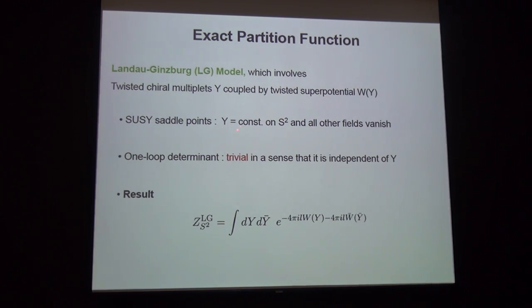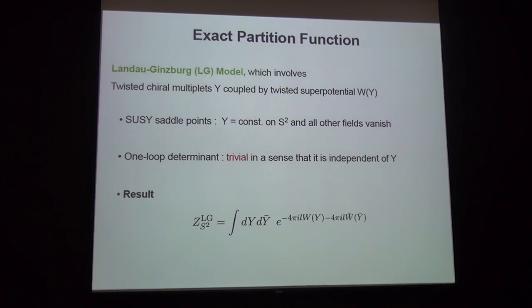The complex scalar field Y in this twisted chiral multiplet can have some arbitrary constant value on the two-sphere, and all other fields in the theory should vanish. And then one can further show that the one-loop determinant around the supersymmetric configurations is trivial, in the sense that this one-loop determinant doesn't depend on the supersymmetric saddle point configuration.